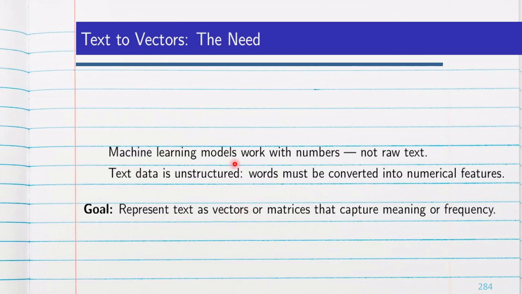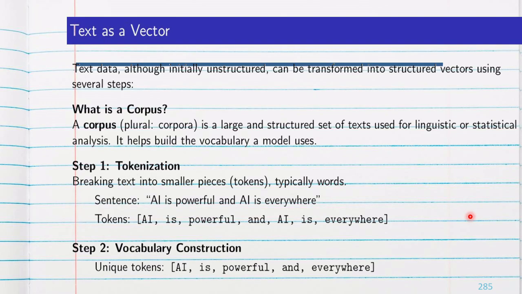Machine learning works with numbers only, not raw text, which cannot be applied to the model. So text data is unstructured. Words must be converted into numerical values. Our goal is to represent text as vectors or matrices that capture the meaning or frequency.